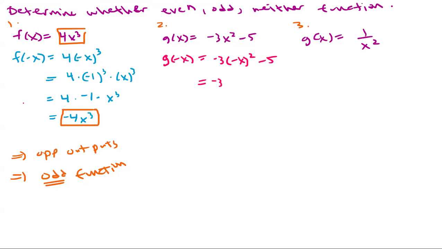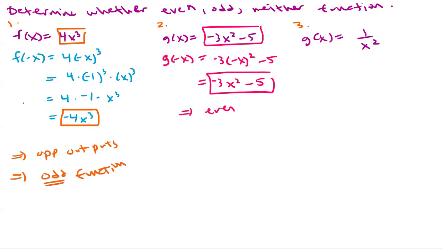So we have the negative 3 still in the front, and then this will become just x squared. The negative 1 squared is a positive. And then we have the minus 5. All right, so here's our original function. Here is the output when we plugged in negative x, and we get the same. So that means this here is an even function.